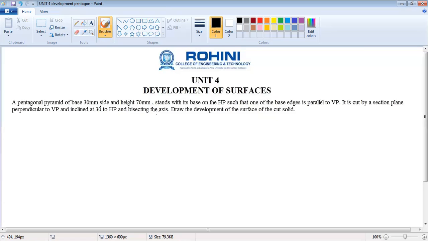So first of all, we have to draw the initial position of a pentagonal pyramid, which is resting on HP with its base edge parallel to VP. First draw the XY line, which is the reference line.